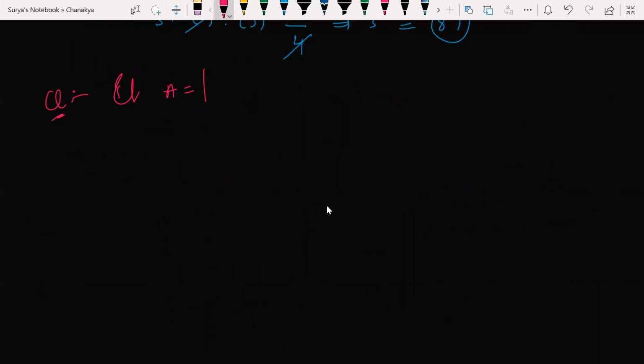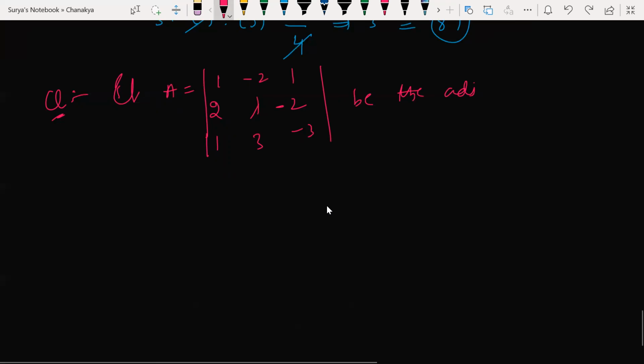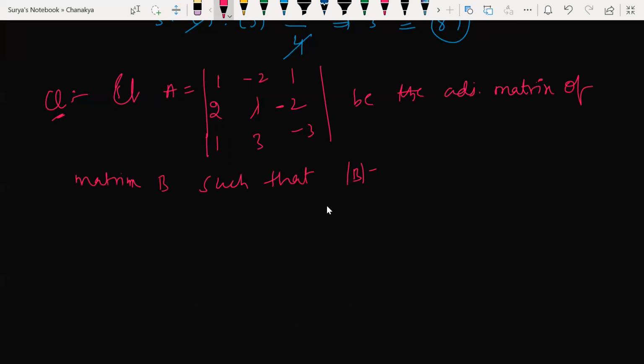If A is the matrix with rows 1, minus 2, 1; 2, lambda, minus 2; 1, 3, minus 3, with A being the adjoint matrix of matrix B such that determinant of B is 9, then the value of lambda is what?